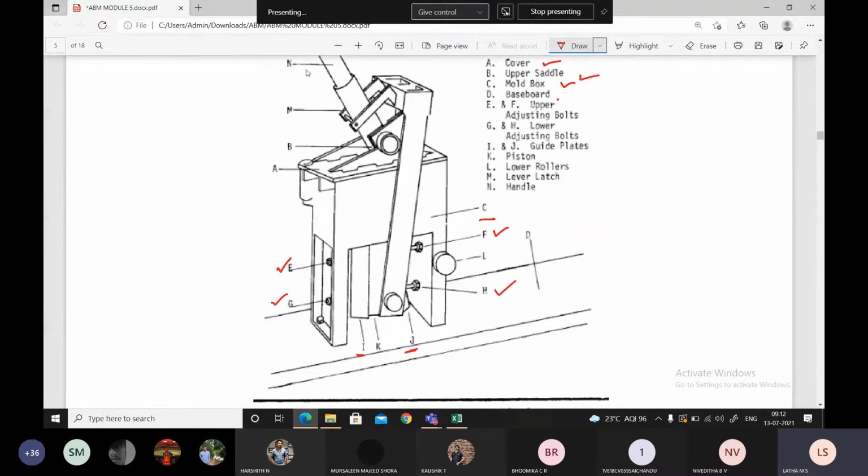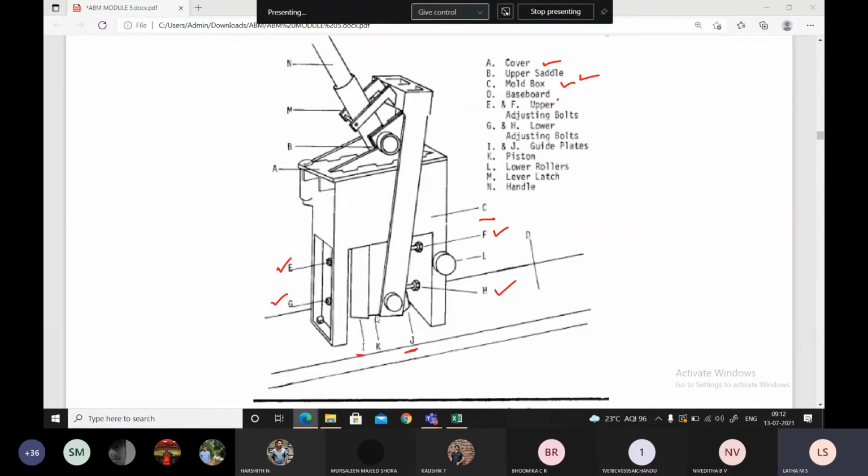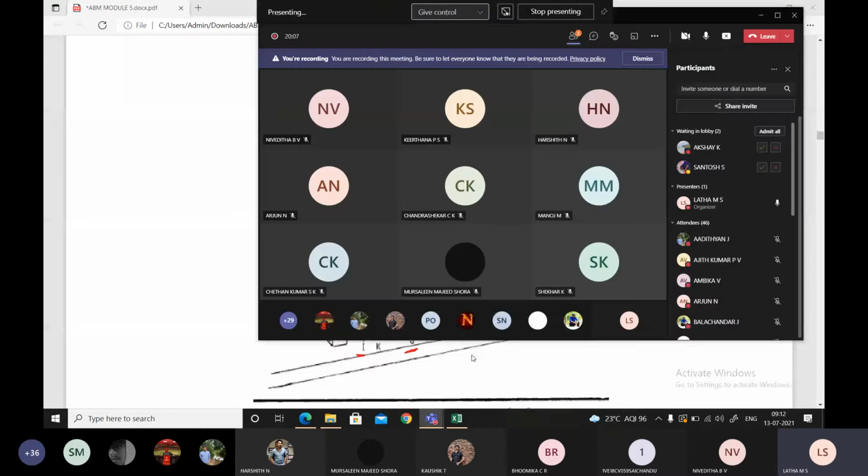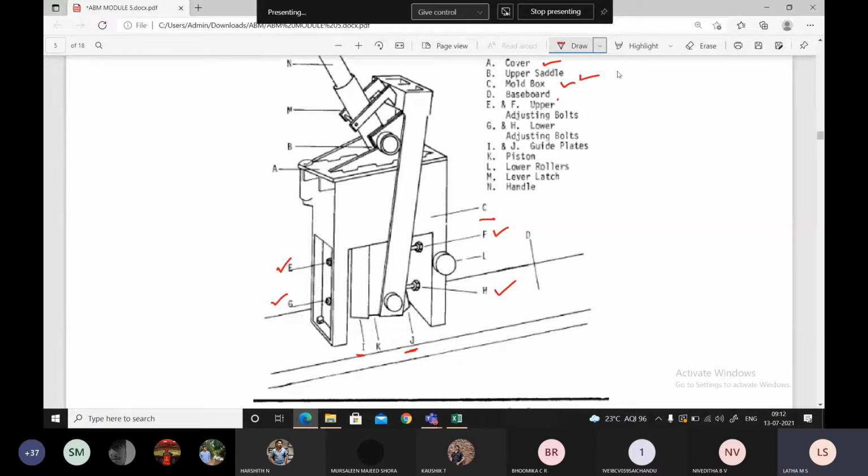This is a lever arm. Yes, you can see the piston here. It's a horizontal line which will be taking up the moments.